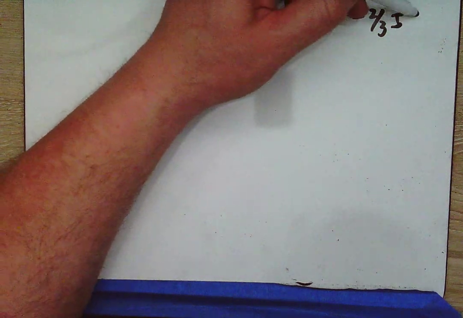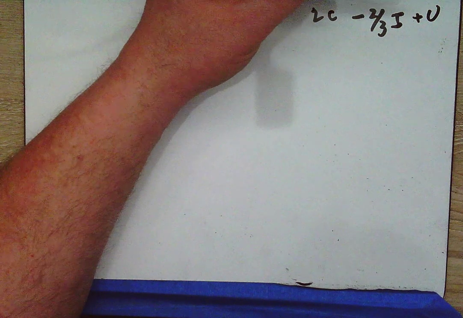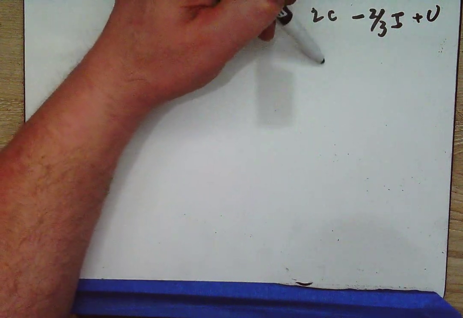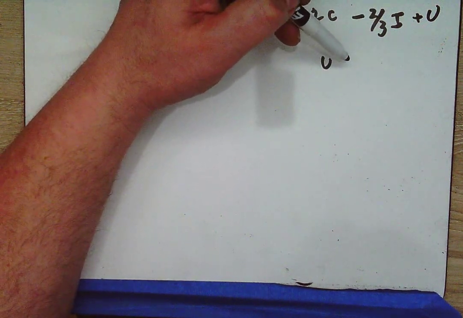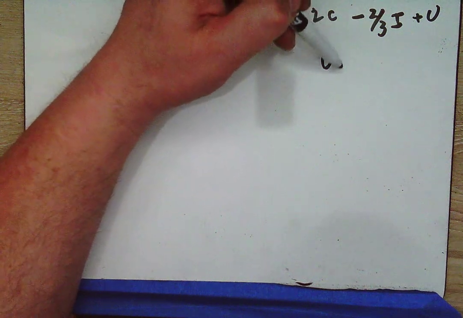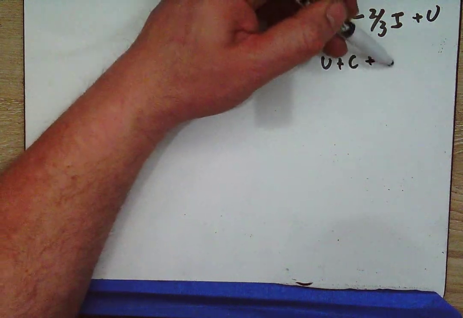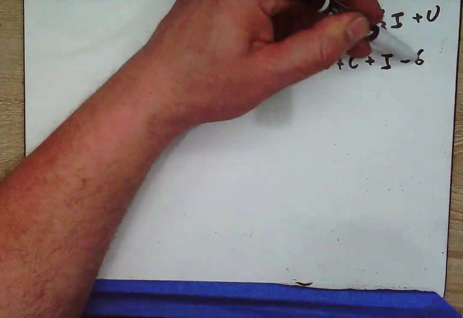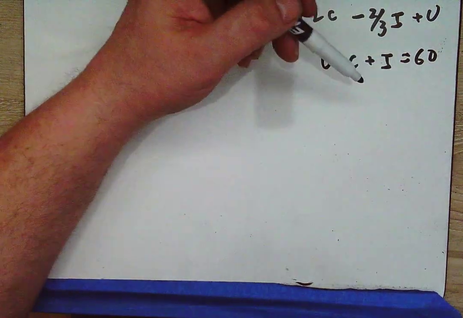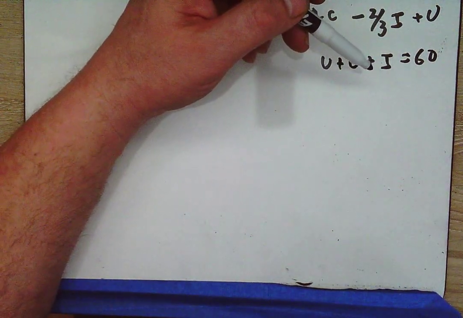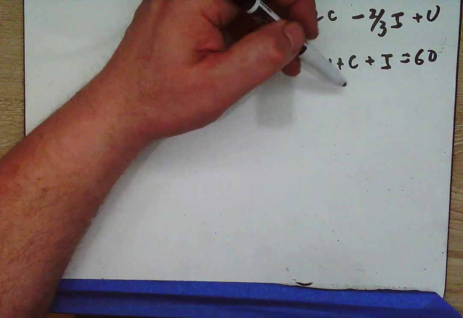And then there's unanswered questions. And we know that the total of unanswered plus correct plus incorrect could equal 60. And we know that she scored a 68.